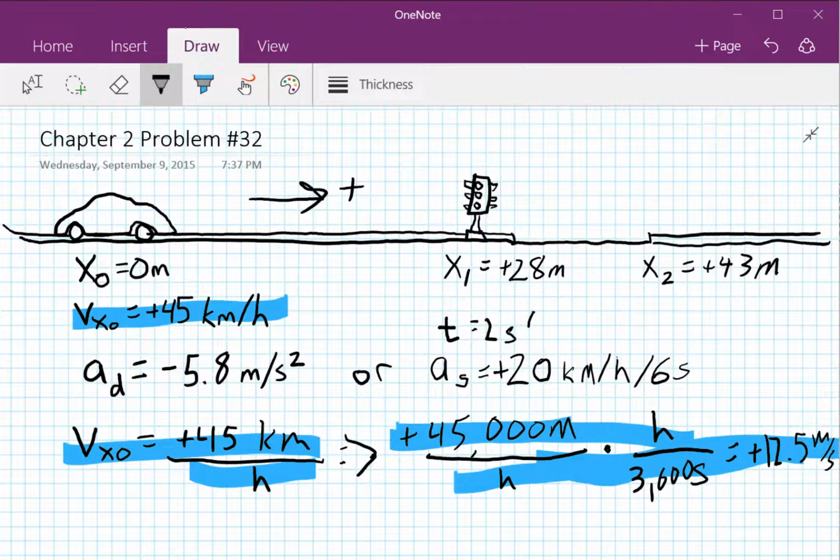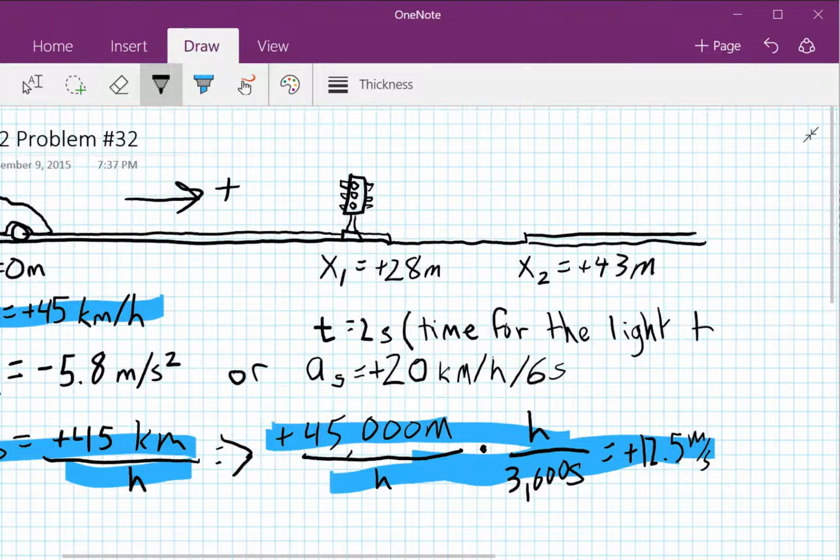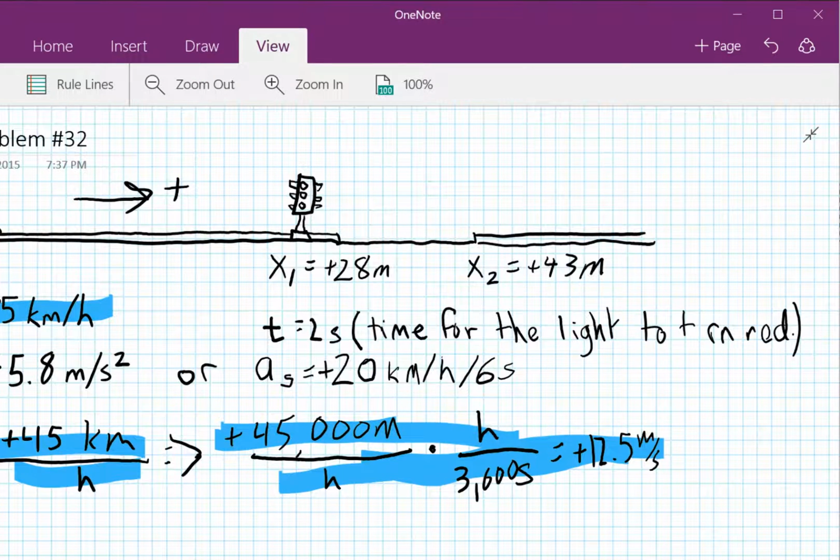But write in parentheses that it's the time for the light to turn red. Because that will help you remember that that time does not matter unless you're trying to push through it.